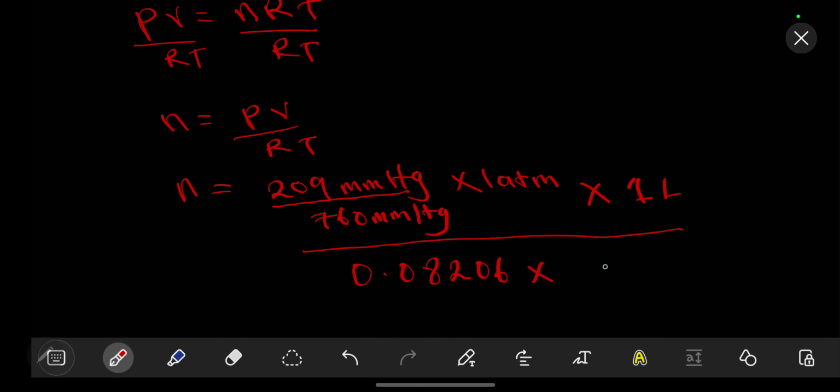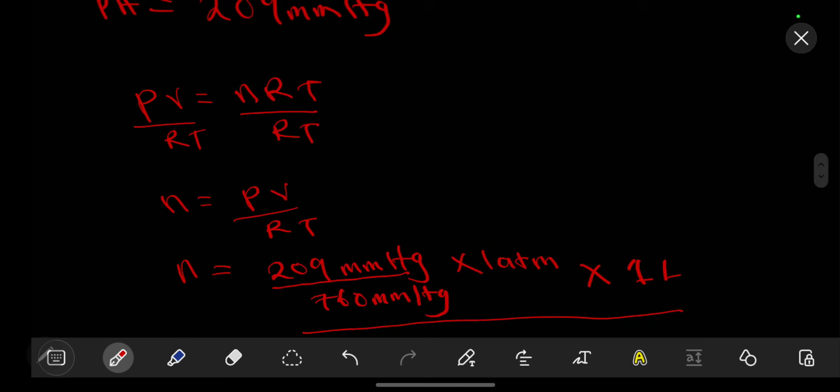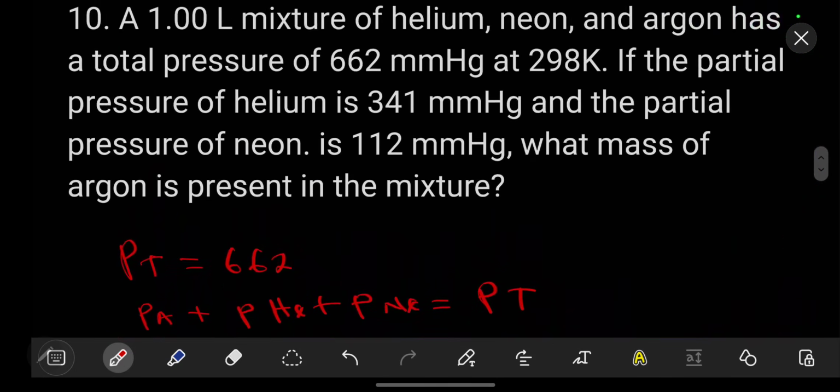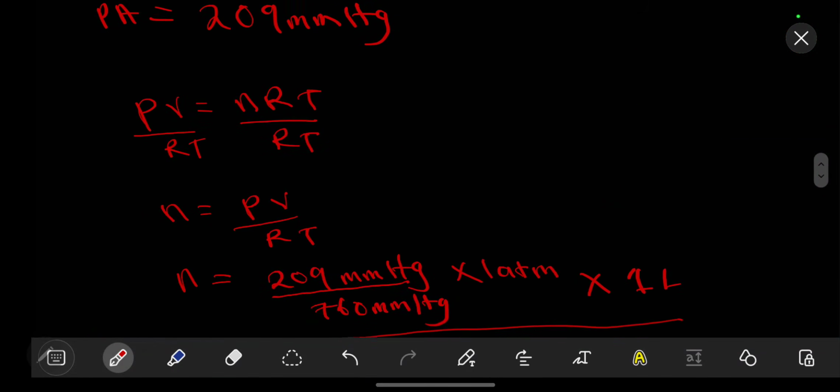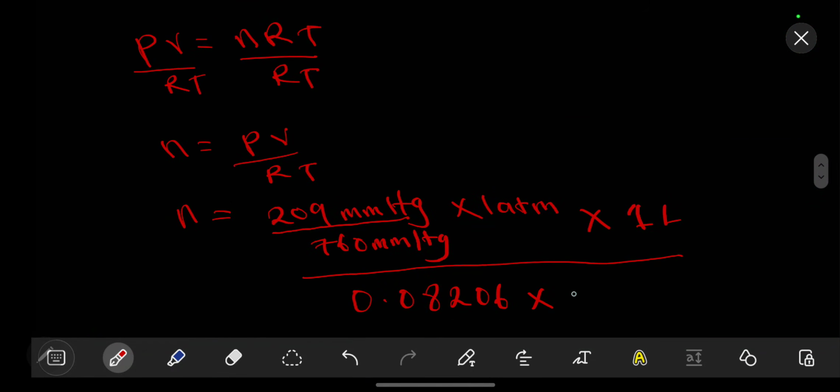Our temperature, according to this, was 298 kelvins. So we are going to put it there.